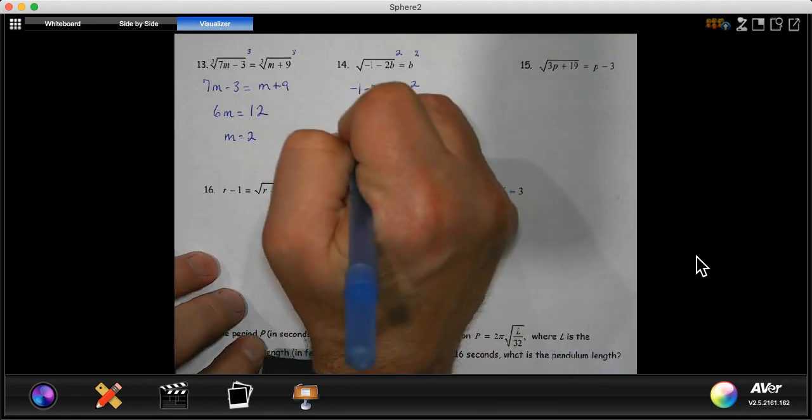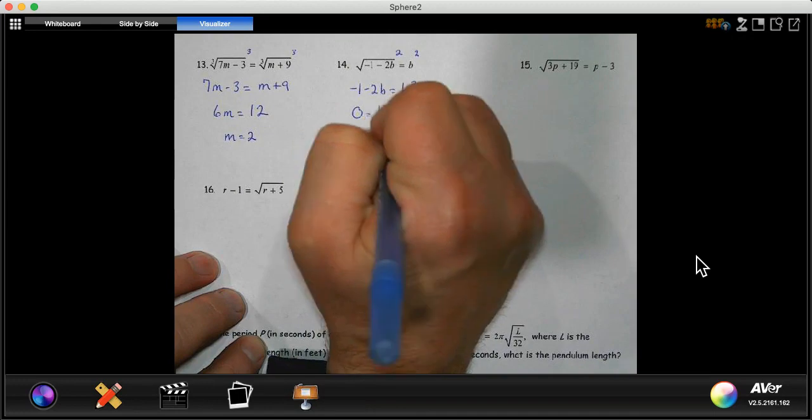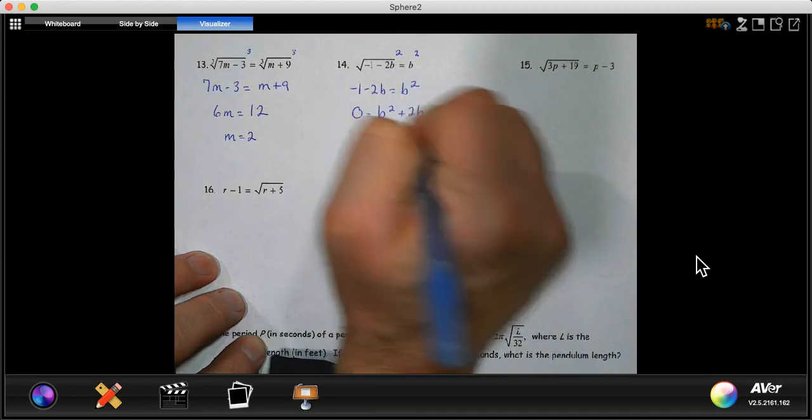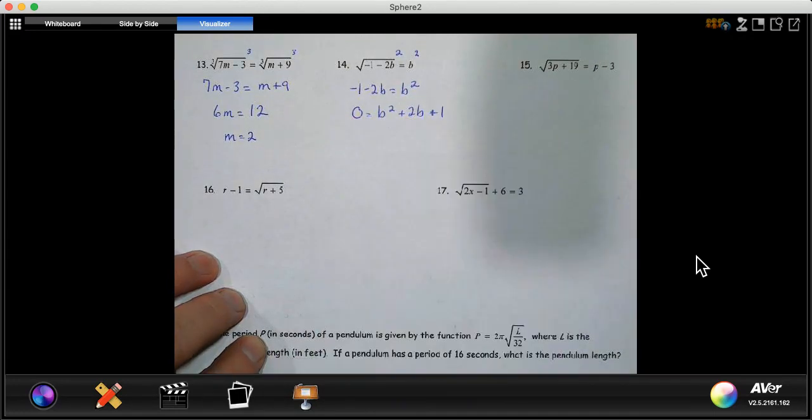So this is 0 equals b squared plus 2b plus 1. And then we gave you 5 different techniques: factoring, graphing, looking for x-intercepts, quadratic formula, complete the square, and square roots, which we can't use here.